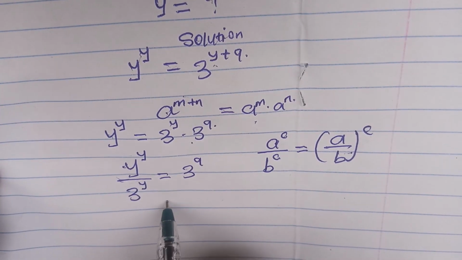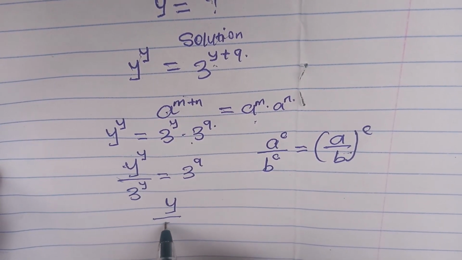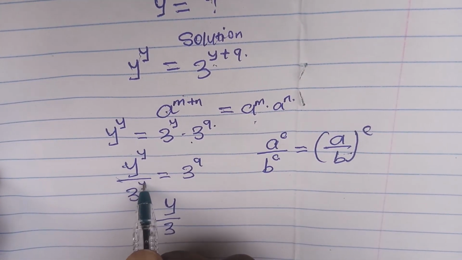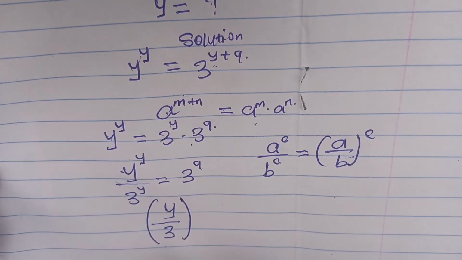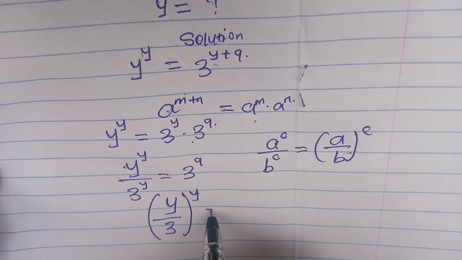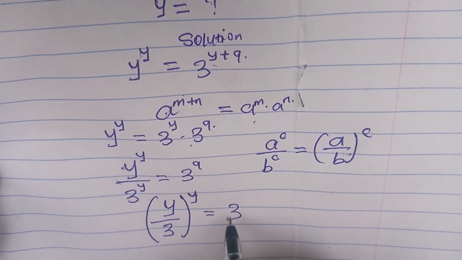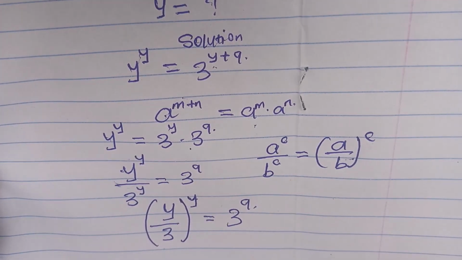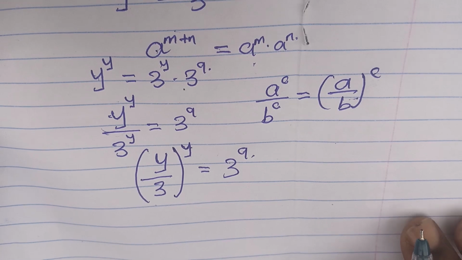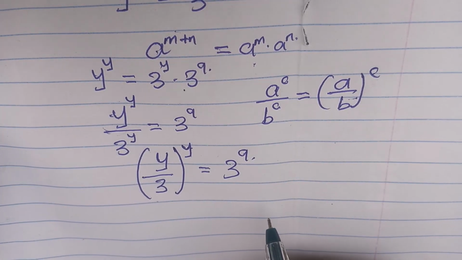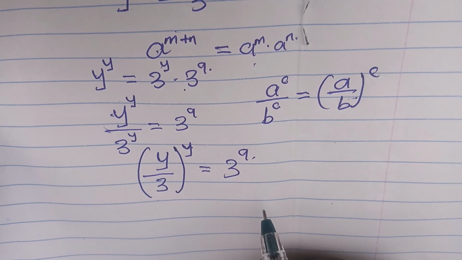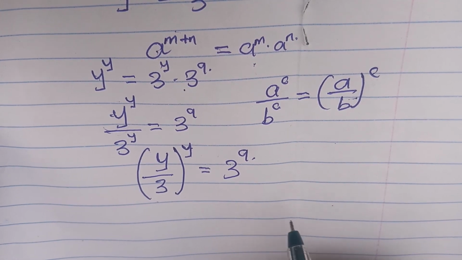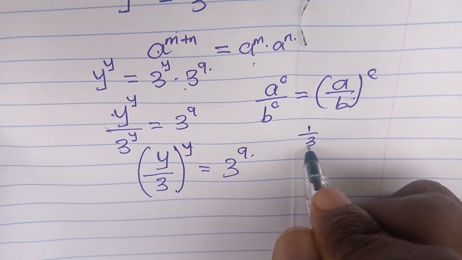So we have y over 3, and since the power y is common, we bring it out: y over 3 all to the power of y equals 3 to the power of 9. The next thing we can do is raise both sides to the power of 1 over 3.